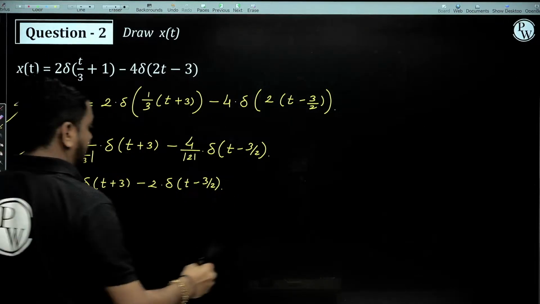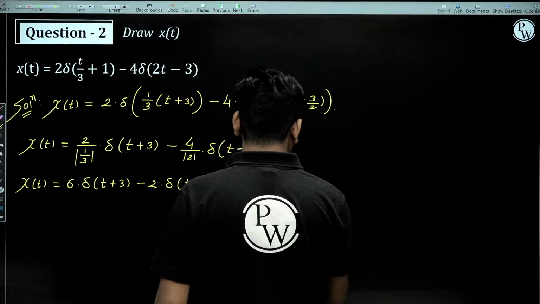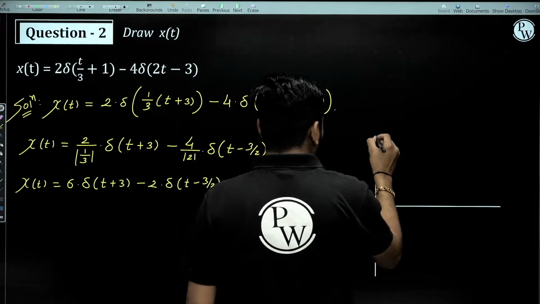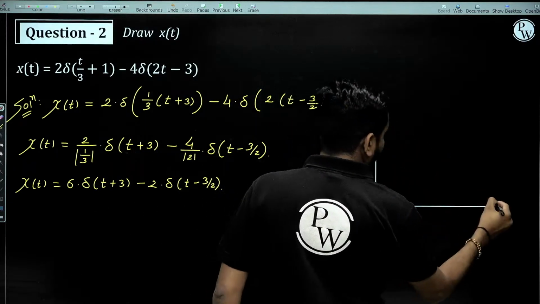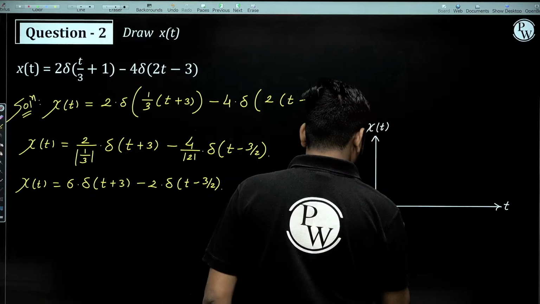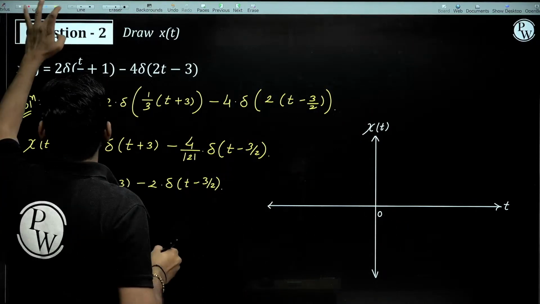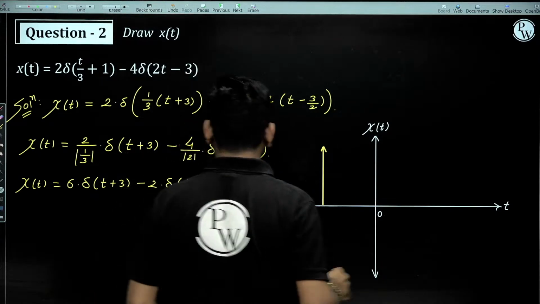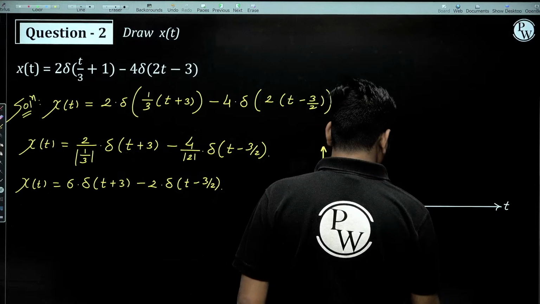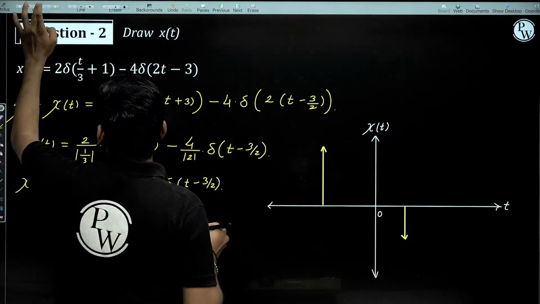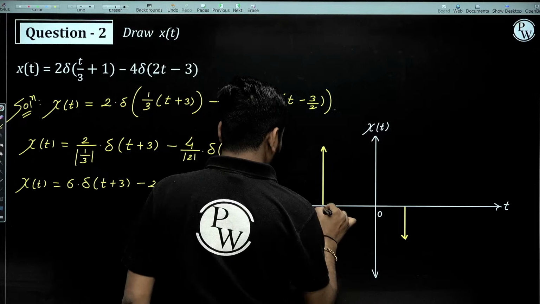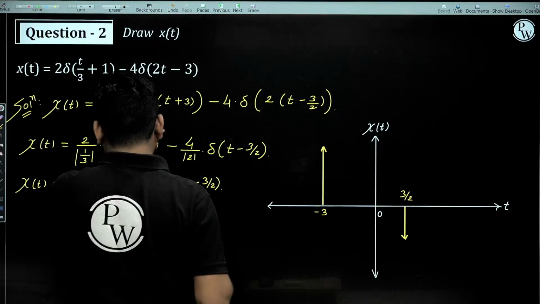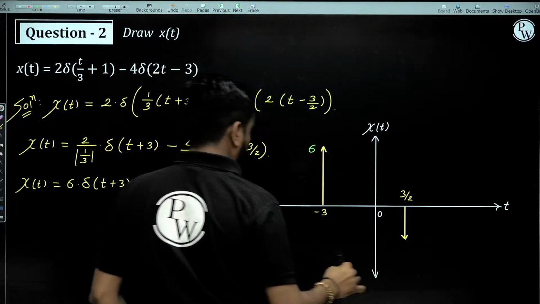So, graphical representation. This impulse is at minus 3 with area 6, and this impulse is present at 3 by 2 with area minus 2.